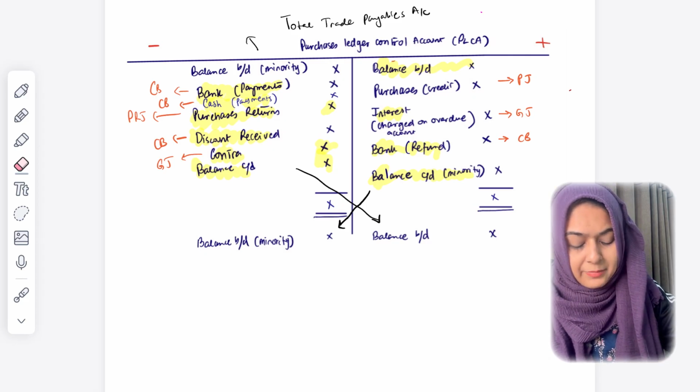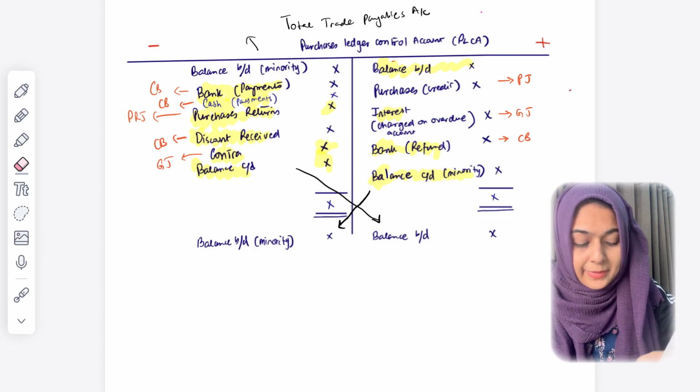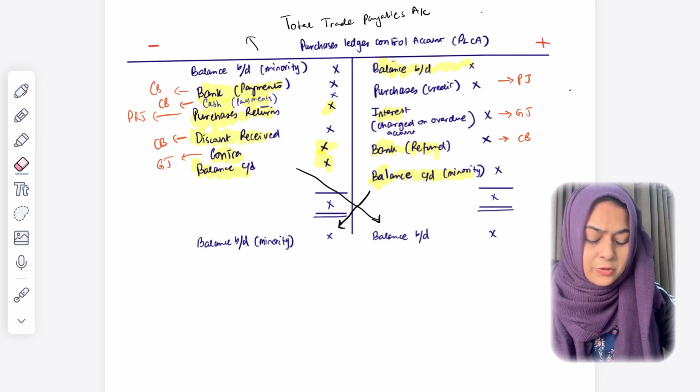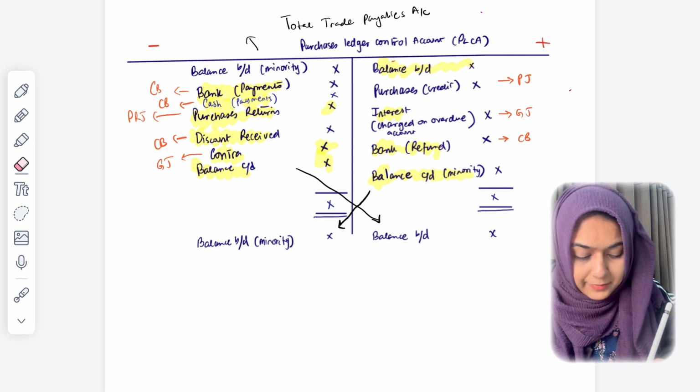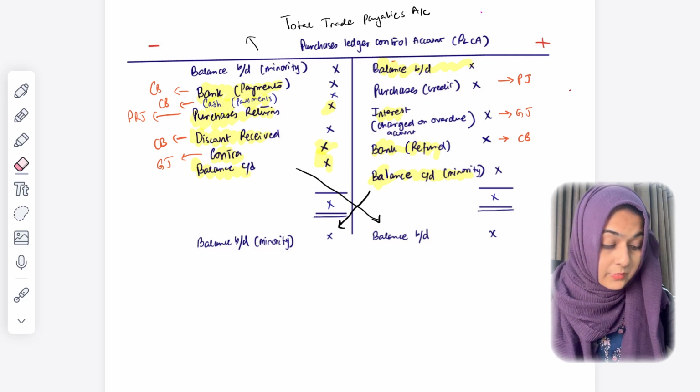Bank payments to our suppliers are coming from the cash book, whatever payments we have made to our suppliers. Cash payments to our suppliers are also coming from our cash book. Whatever payment we are making to our suppliers in cash will be recorded in the cash book. The discount received column is there in the cash book, so that is also coming from the cash book.